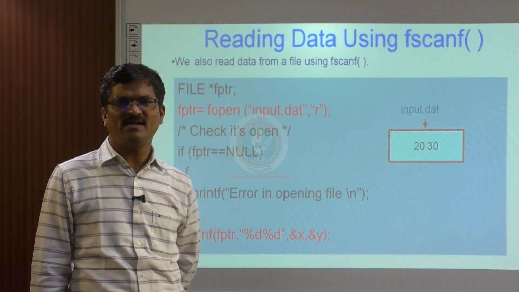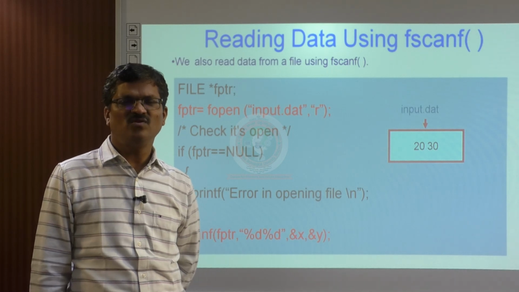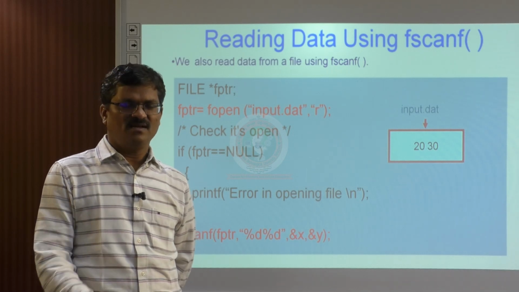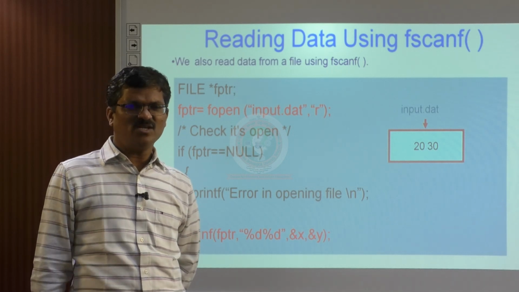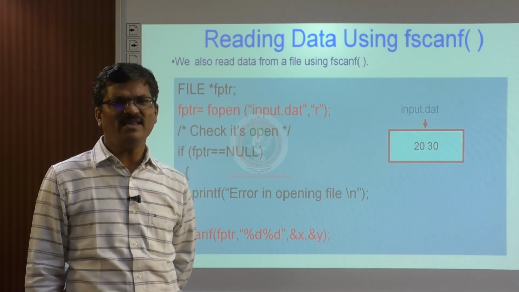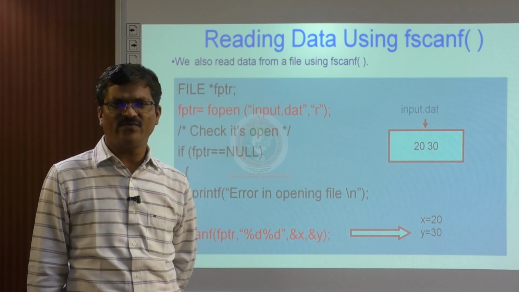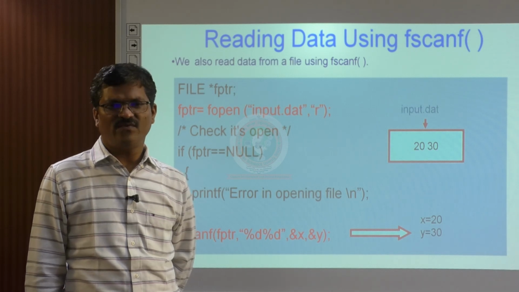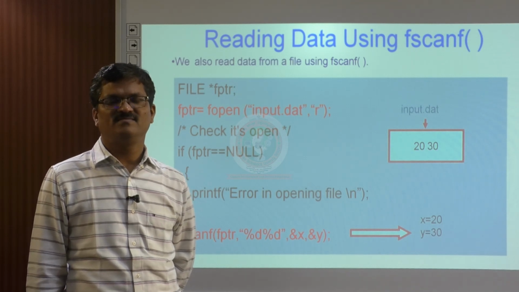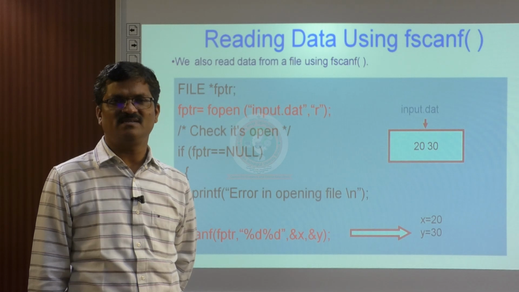So, this input.dat contains only this much. On the execution of this fscanf, you will see that x takes the value 20 and y takes the value 30. So, space is a delimiter here.